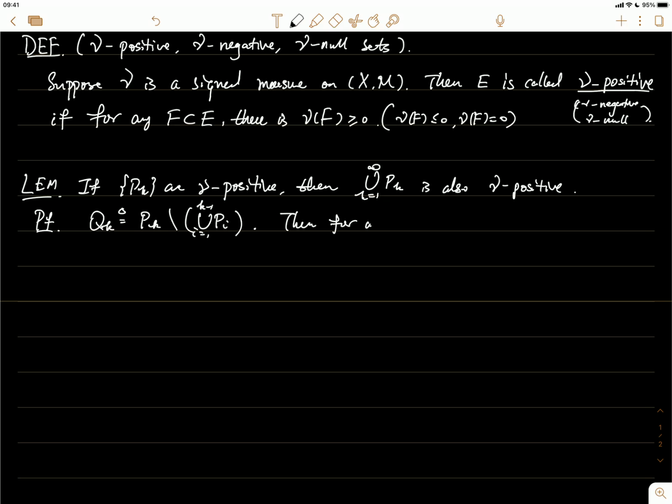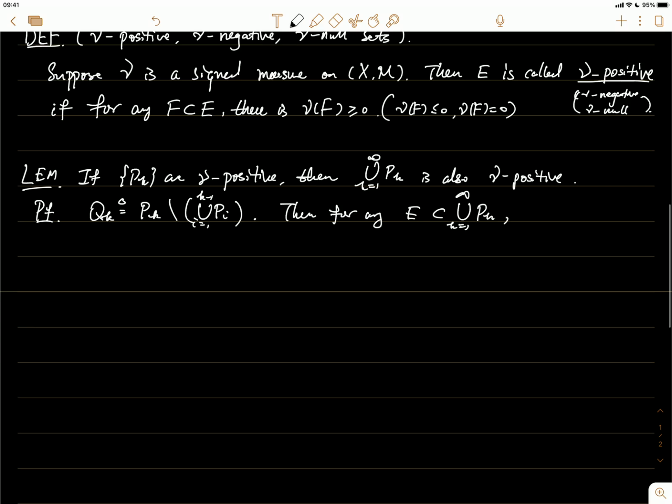Then we want to show that for any subset E of this union, the measure of E is non-negative. To show that, let's check. The measure of E, according to the fact that E is a subset of the union of pk, is just the measure of the intersection of E and this union.